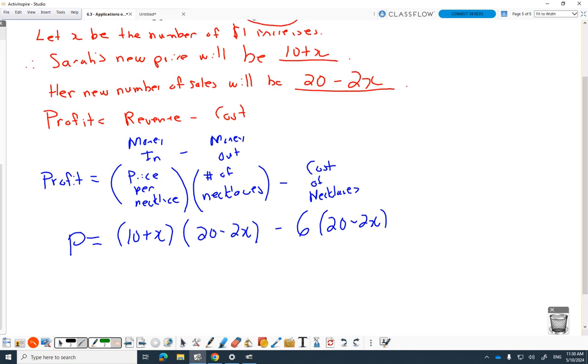I'm going to do the rest of the algebra reasonably quickly, but then I will pause at the end for any questions you have about the word problem and the algebra. I'm going to say it out loud as I'm doing it, but the algebra is stuff you've all seen before. Multiply out the first bracket.